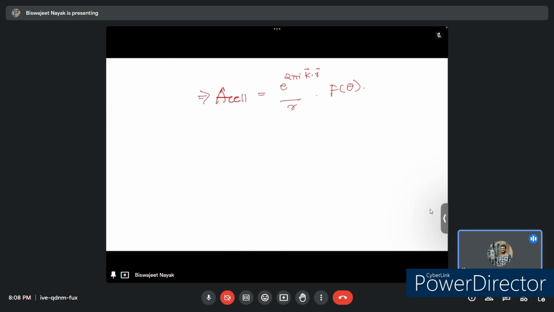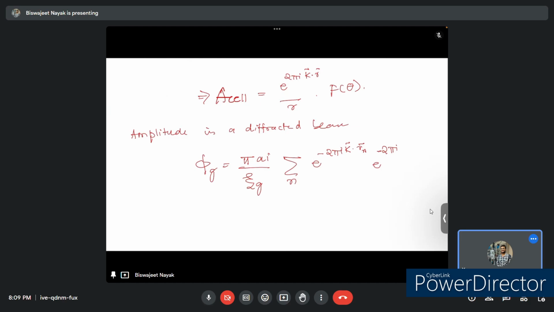So the amplitude in a diffracted beam is given as phi_g equals pi i over xi_g times the sum over n of e^(-2 pi i k.r_n) e^(2 pi i K.r), where r_n represents the position of each unit cell.